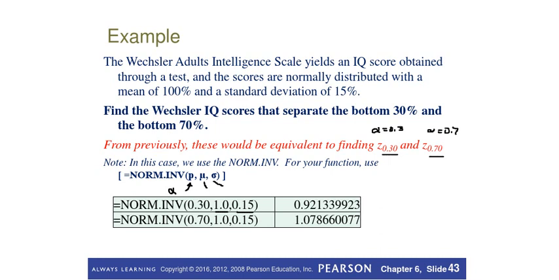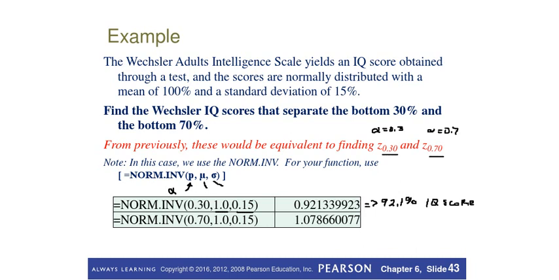What is this value right here? Well, this is our value from our normal distribution. What it means is that 92.1 is the lower bound of our Wechsler IQ score, right? So this would be the IQ score that we would say separates the lowest 30% from the highest 70%.